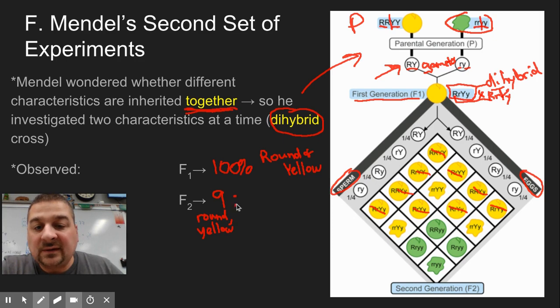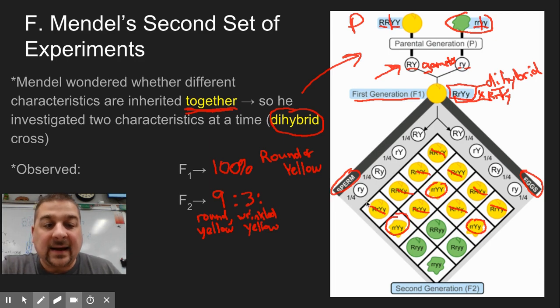How many were yellow but wrinkled? 1, 2, 3. So 3 out of 16, 3/16, were wrinkled yellow.